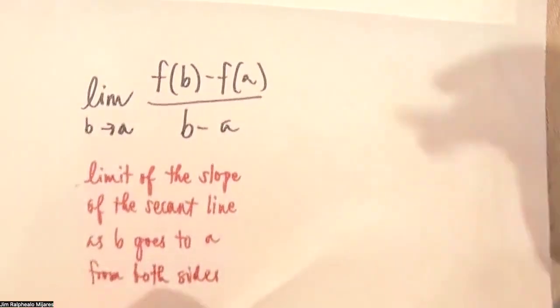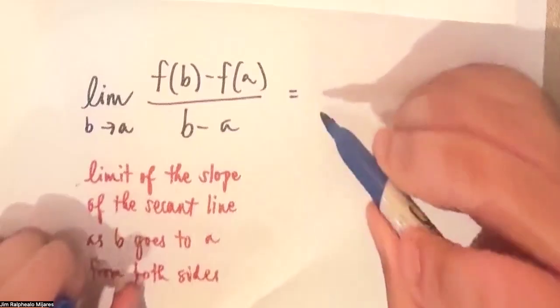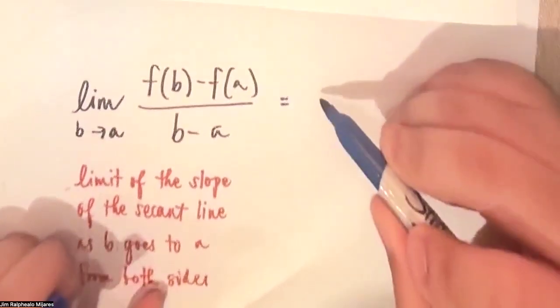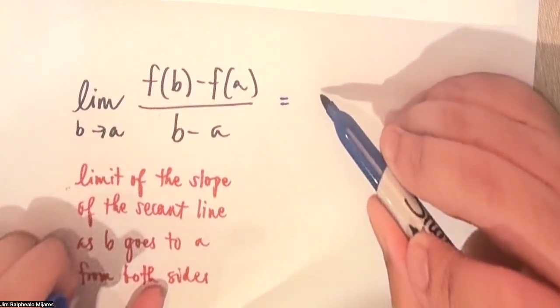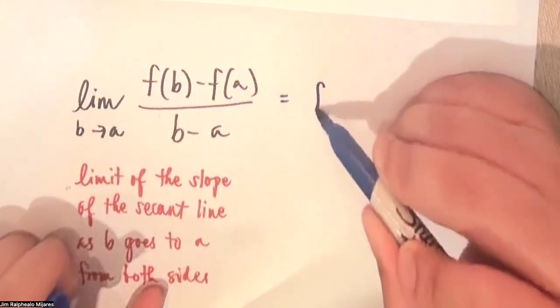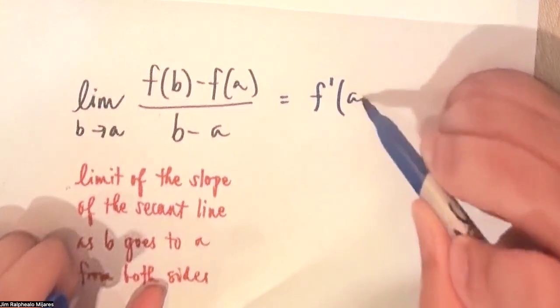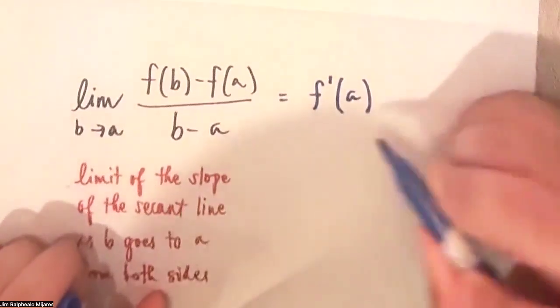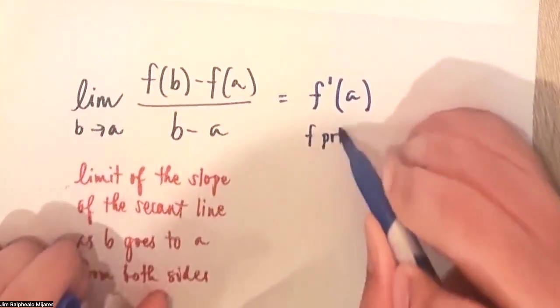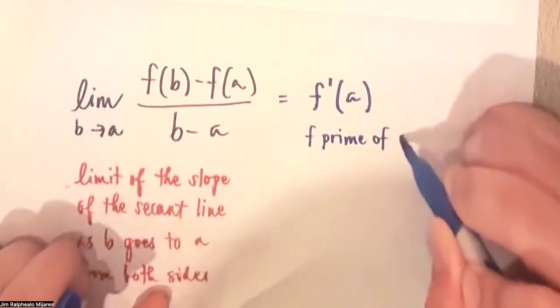This would be equal to what we call the derivative at A, or we read as f prime of A.